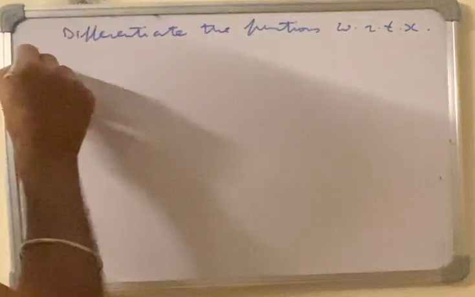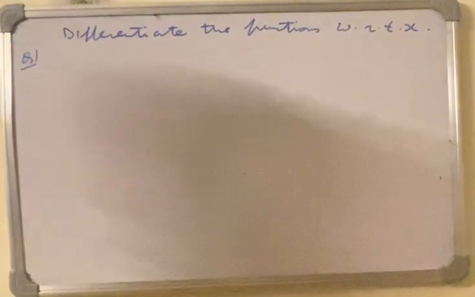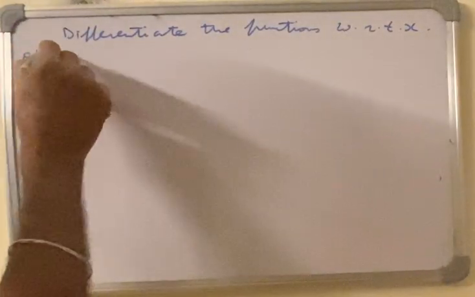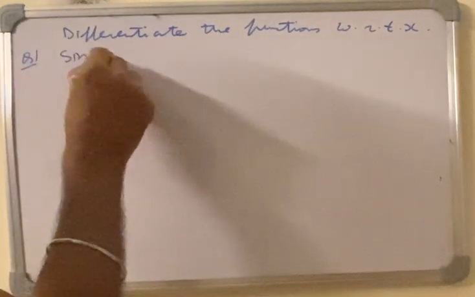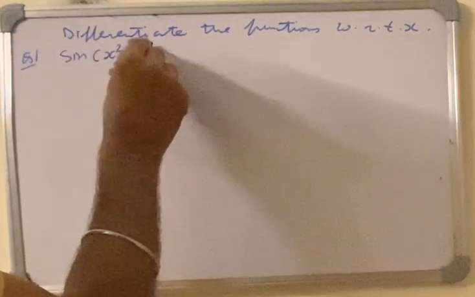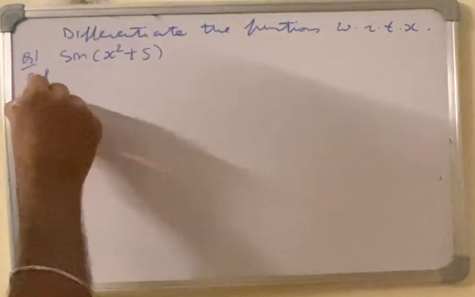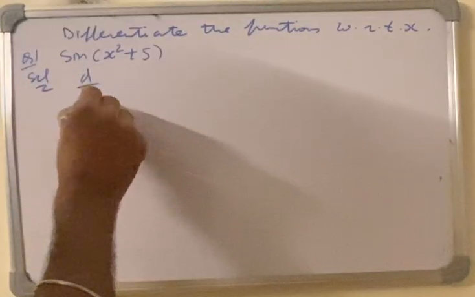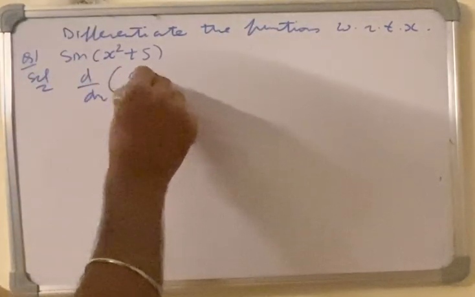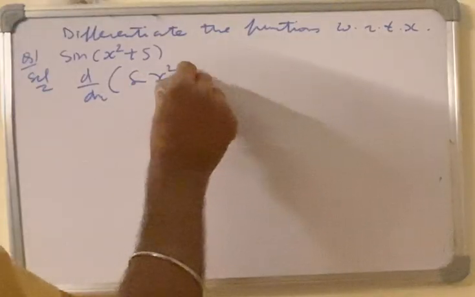First question is sin of (x square plus 5). Solution: d by dx of sin(x square plus 5).